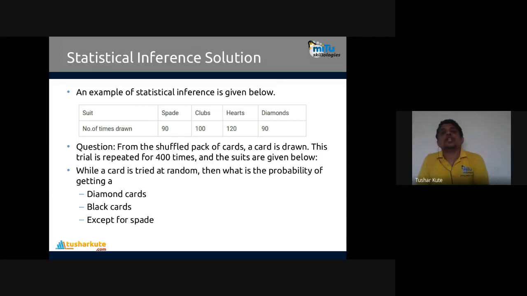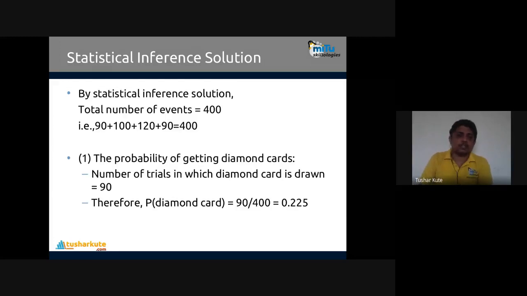So how is it found? Let's go with this. By statistical inference solution, the total number of events is 400, meaning 400 times the card is taken out already. Now what is the probability of getting a diamond card? The number of trials in which a diamond card is drawn is 90 times.